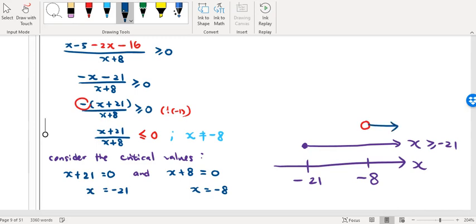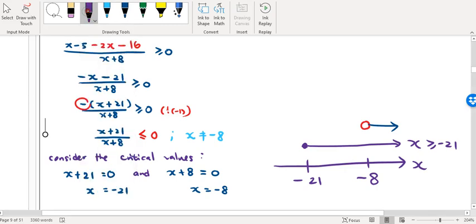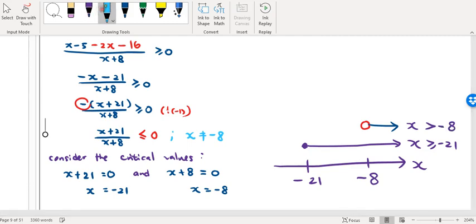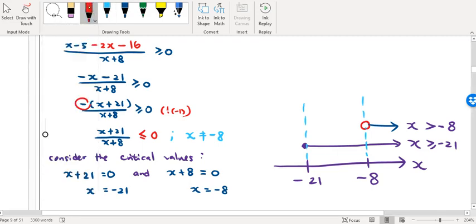Do remember this, an empty dot here, whereby your x is more than -8. Then what can you do next? Obviously you have 3 parts here. So next, just get your symbols in.